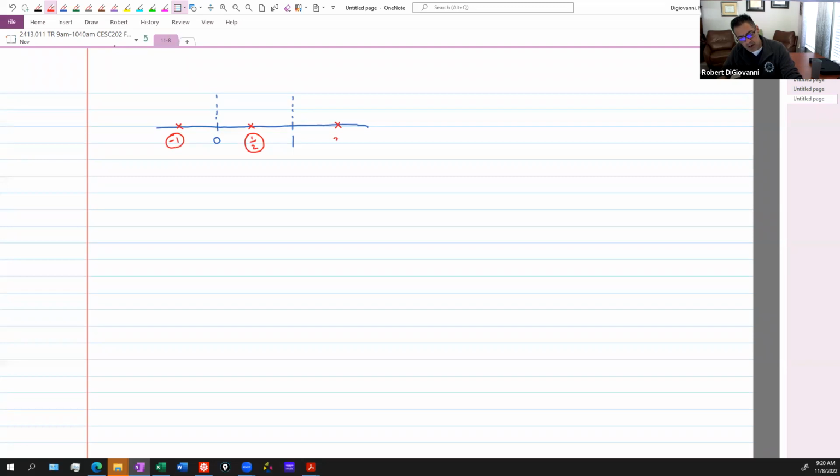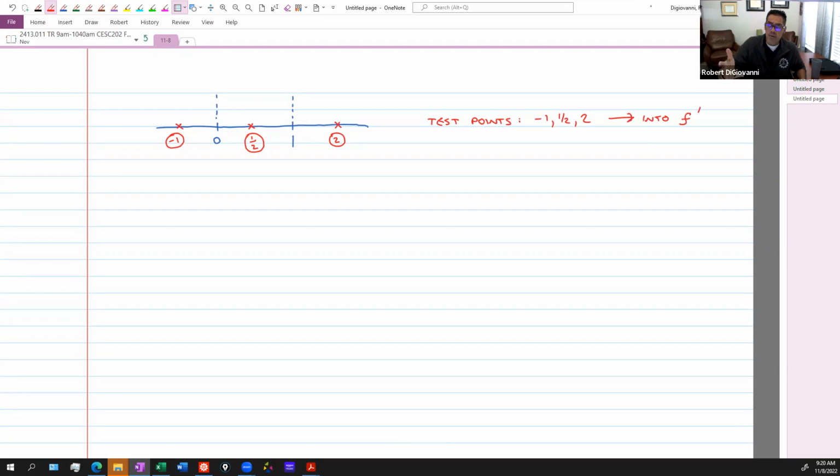To the right of 1, how about 2? Those are my test points. I have 3 of them. And these go into f prime, okay? Your test points go into the derivative.